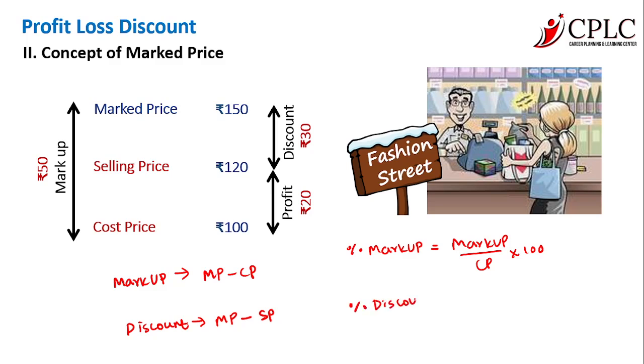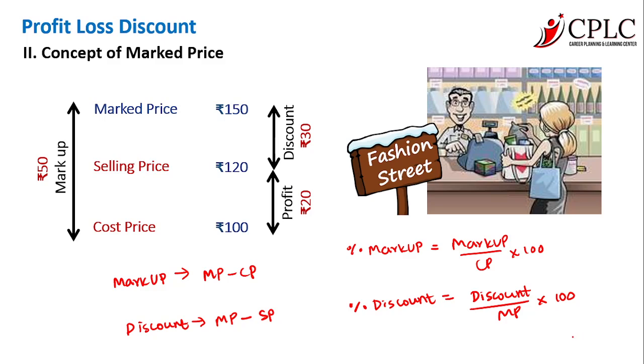And similarly, percentage discount will be discount upon mark price, because the discount of 30 rupees is given on mark price. So the base value for calculating percentage discount is mark price, and into 100 again for the percentage factor. If you know fractions and percentages, this part becomes irrelevant. Into 100, you can simply find out the answers.